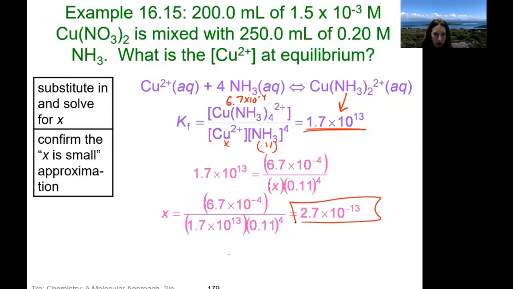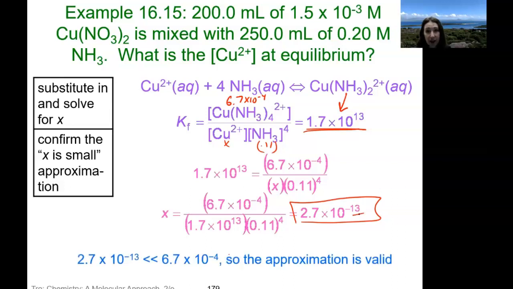But if we look at the original amount of Cu we started with, 6.7 times 10 to the negative 4, and our K is 10 to the negative 13th, the approximation is always valid. You don't even need to check on these. It always works. All right, so this is just an example of how to use these complex ions.